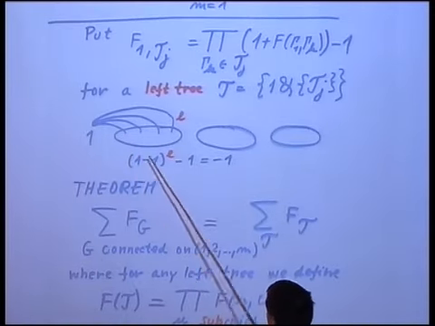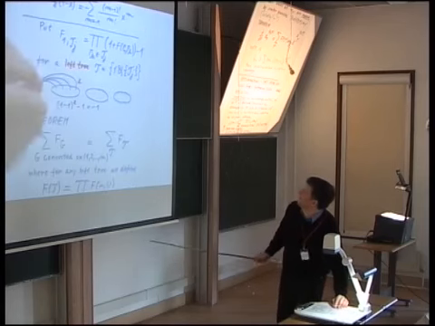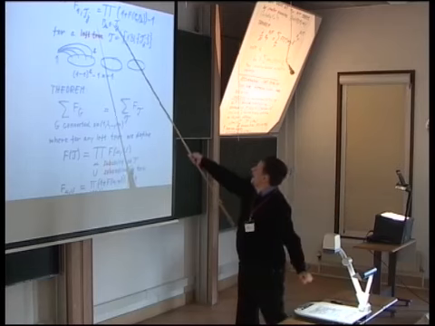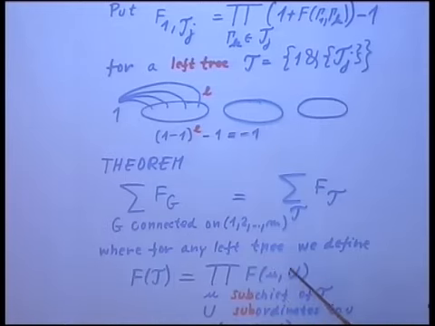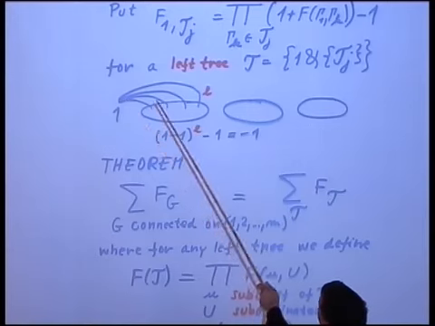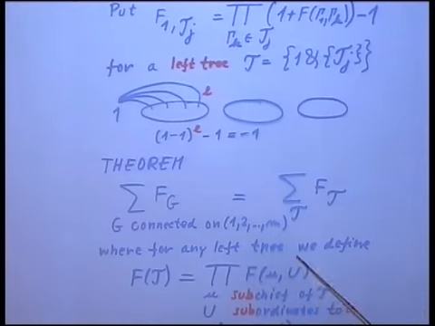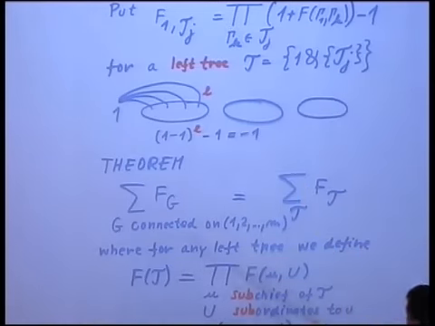It's f of the chief and the subtree. This and this are the same in different notation. Here is the chief U, here is the subtree, and f of the chief and the subtree is given by this. It's the same as written here.